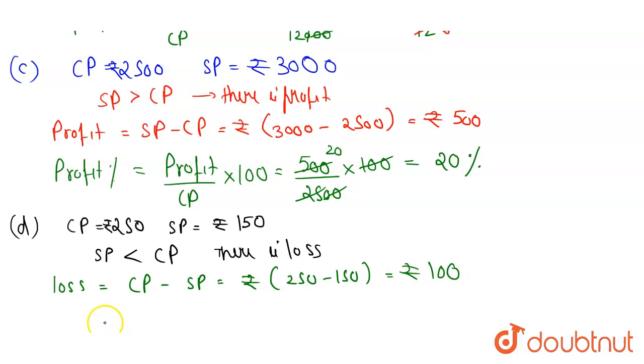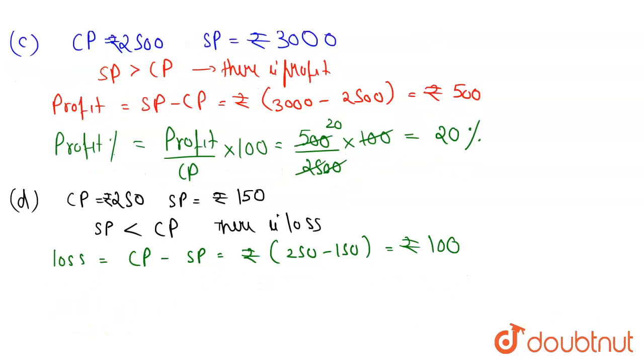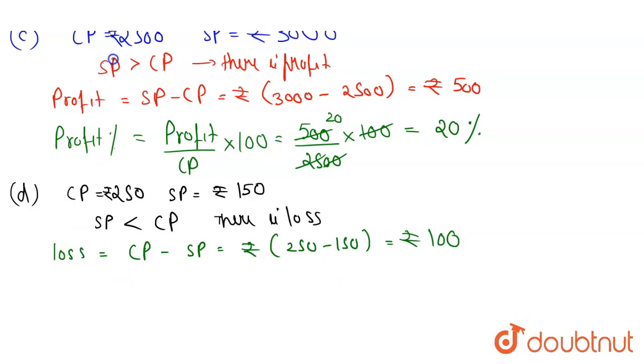Loss percent is given by the formula: loss divided by cost price, whole into 100. So this is equal to a loss of 100 rupees divided by the cost price 250, into 100.